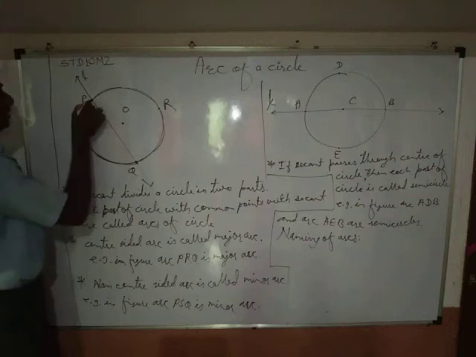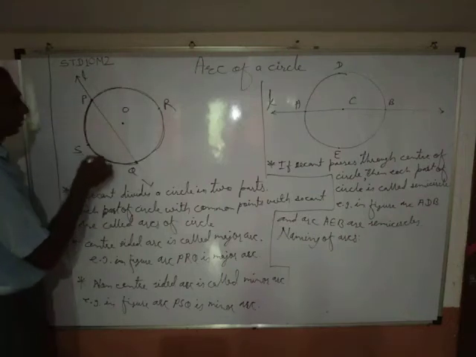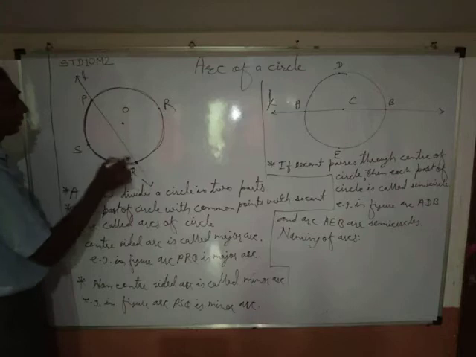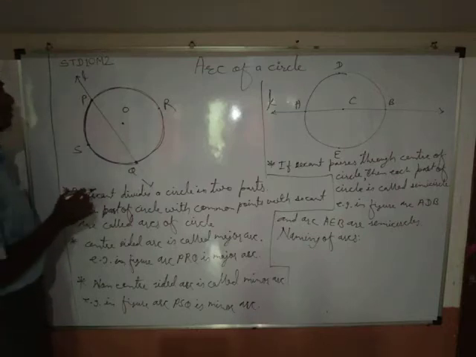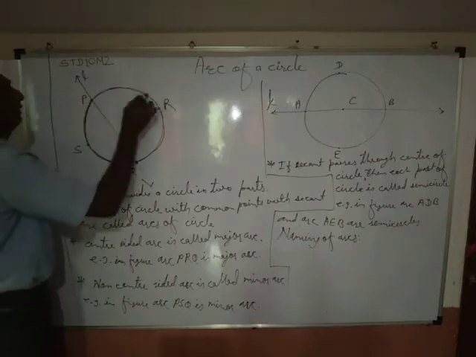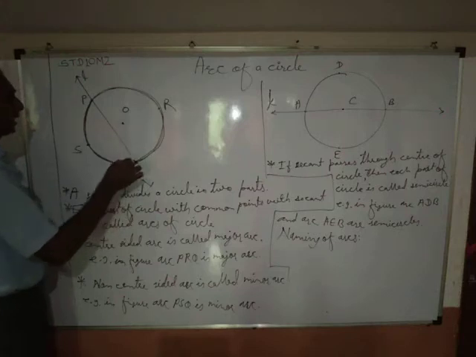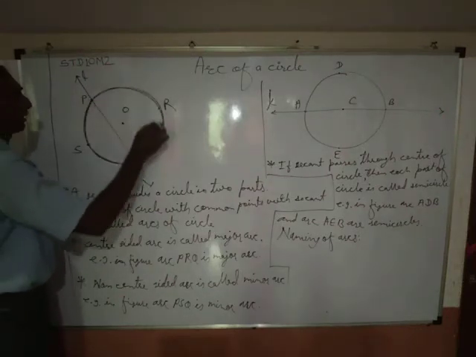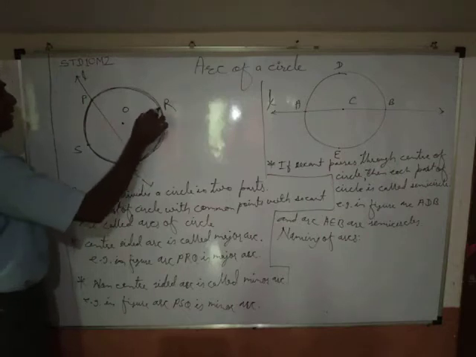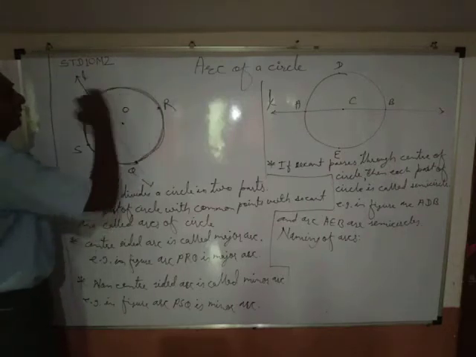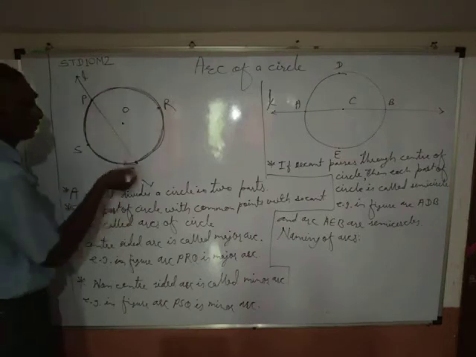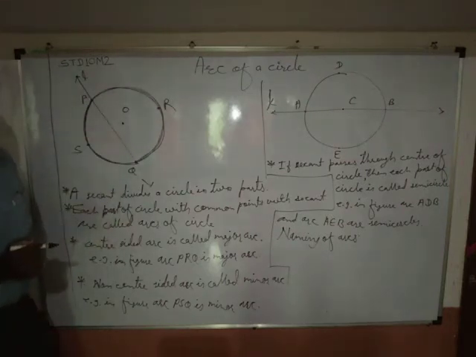For example, arc PSQ. In this name, P and Q are endpoints. Similarly, while naming an arc PRQ, P and Q are endpoints of that arc, and R is intermediate point in between P and Q on that arc.